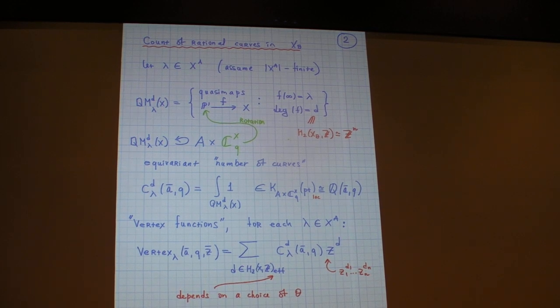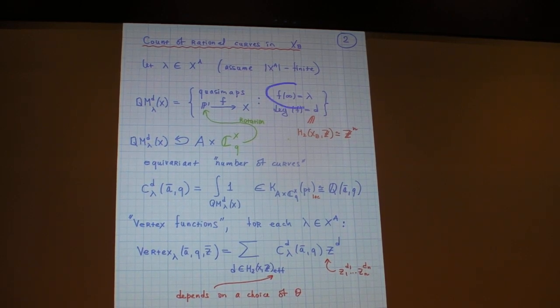Let's say I have a fixed point on the Quiver variety, and let's say for simplicity that the set of fixed points is just a single point itself. Then I can consider the moduli space of quasi-maps from a curve P1 into the Quiver variety with some extra conditions.